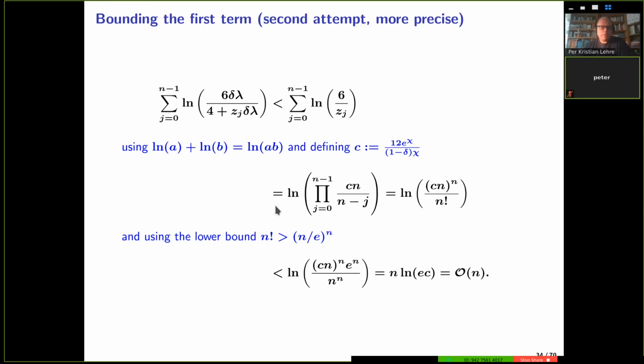And this I can write as Cn divided by n minus j, where c is 12 times e to the power of g divided by 1 minus delta. So this is what I obtained from the previous calculations.